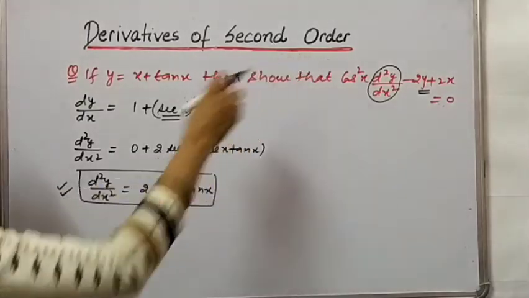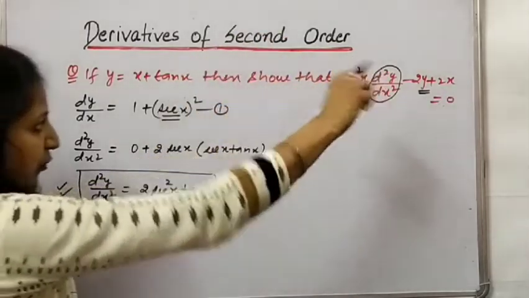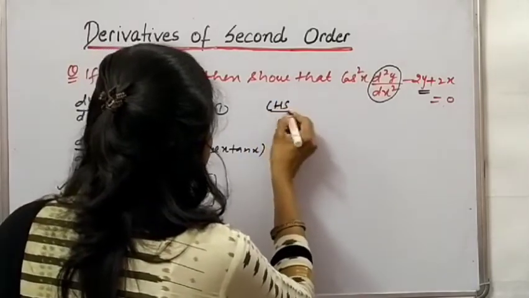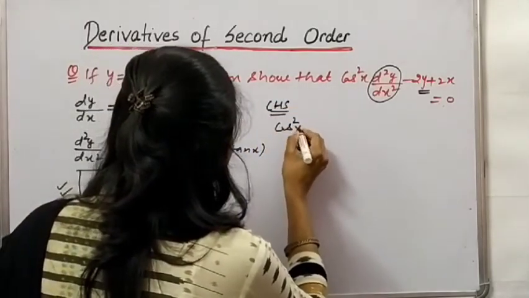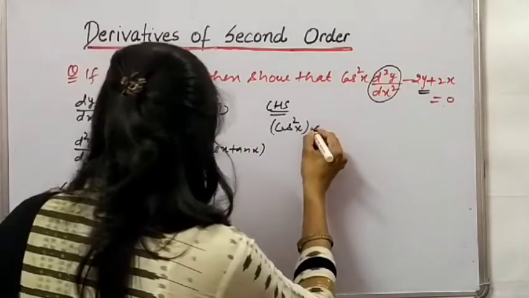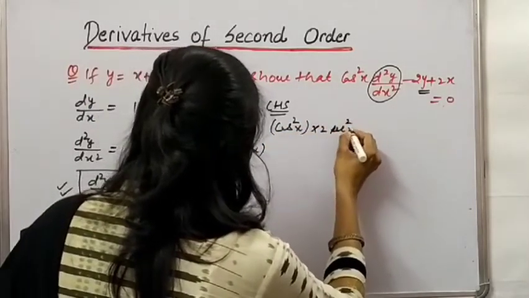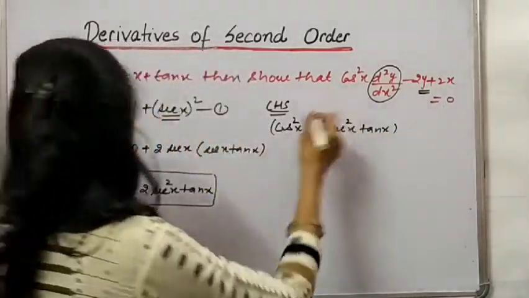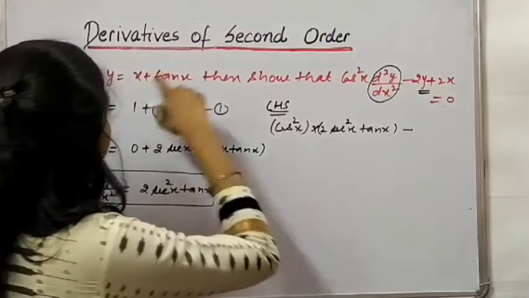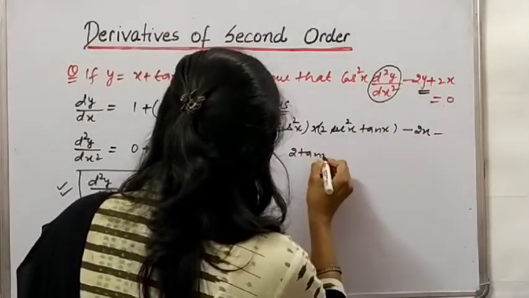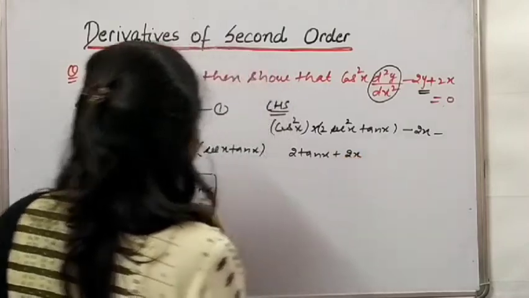Now just put the values in the left hand side, and after solving we will prove this whole expression is equal to 0. So come to our left hand side, that is cos square x into d2y upon dx square. So put the value, that is 2 secant square x into tangent x, minus 2y, that is minus 2x minus 2 tangent x, plus 2x. Let us simplify it.